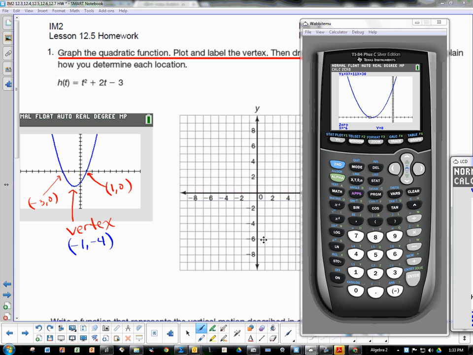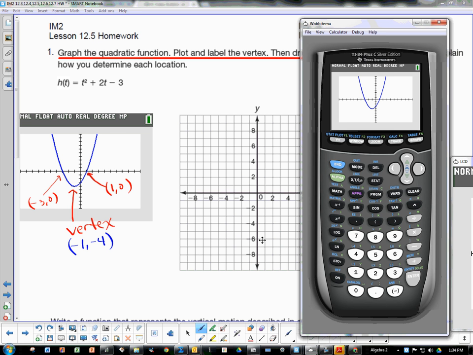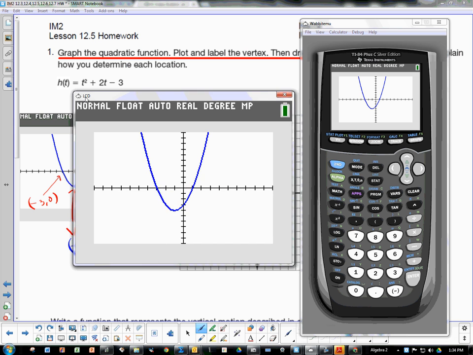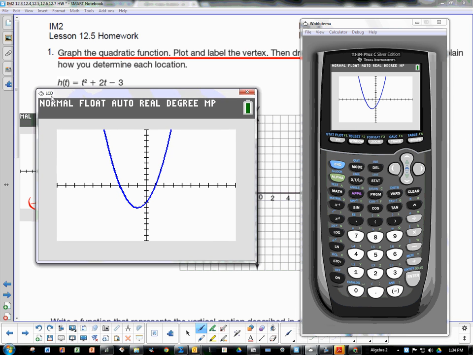Okay, now what we can do is, sorry, I had a calculator issue. All right, now what we can do here is notice here's our graph. It's nice and large, so you can see it there. I want to know some more points along this.